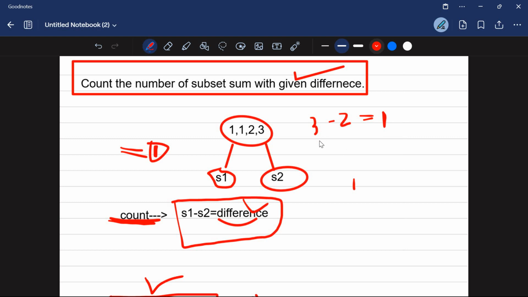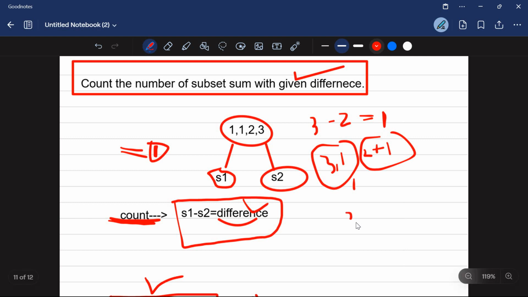So what will we take? We will take 3 in one set and 1 here. We can take 2 plus 1. This total is 4, this total is 3. So 4 minus 3 is 1.